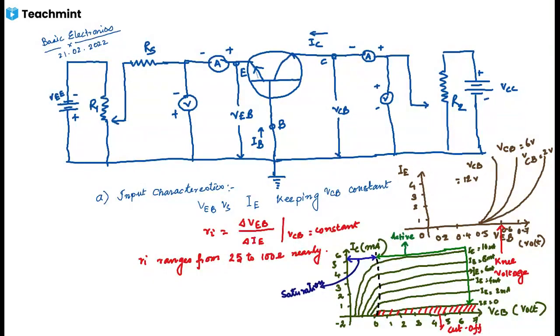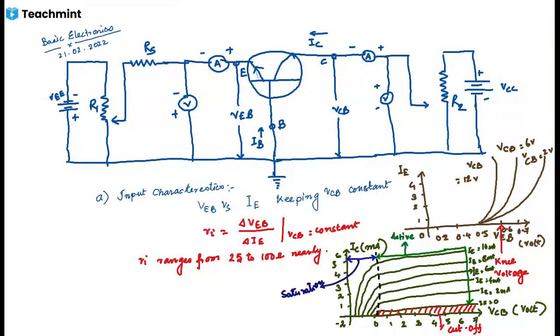If VCB, that is collector to base voltage, becomes negative, the collector base junction is set in the forward bias, which causes collector current to decrease rapidly. This region is known as saturation region. In saturation region, the collector current does not depend on the emitter current.